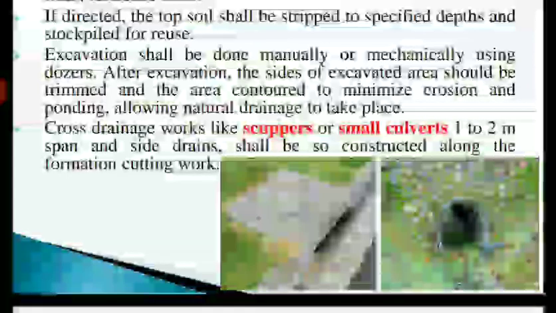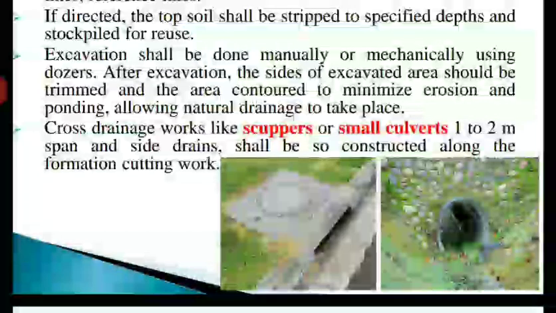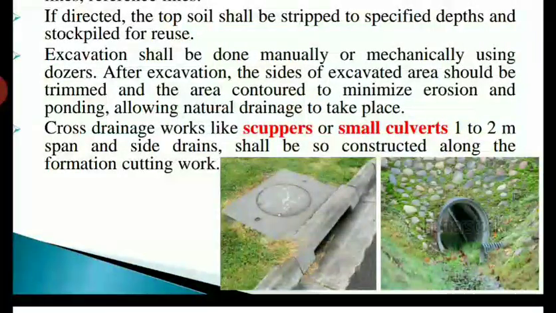So whatever the cutting and filling is there, it should be done within that particular limit. After the cutting, we need to place that material at certain places nearby the road construction, because it should be economical.